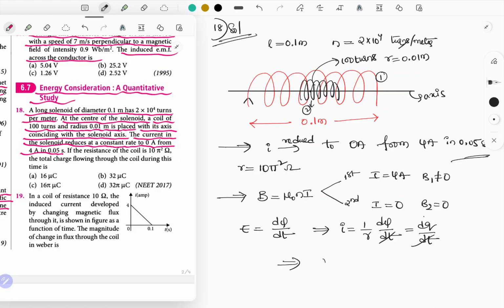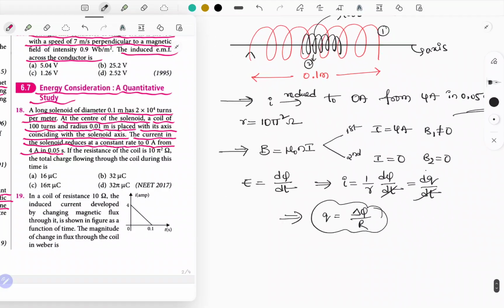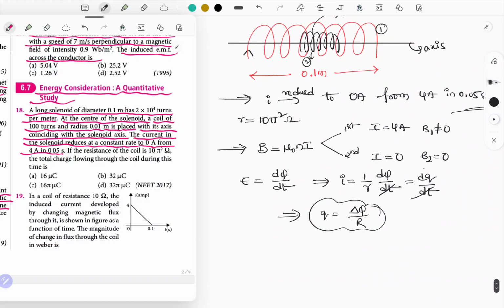Then you can write Q is equal to delta phi by R, where delta phi is the total flux change and R is the resistance. With the help of that, we can find out. So let's find out this. Q is equal to delta phi, which is phi final minus phi initial, right? We are finding the magnitude, divided by R.